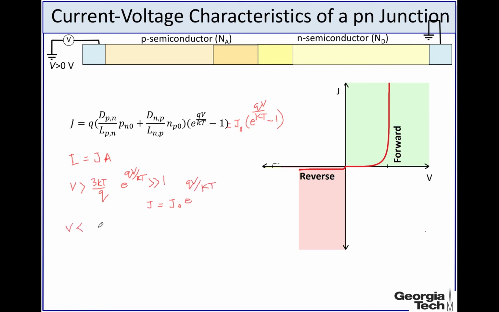On the other hand, if V is smaller than 3 kt over q, this e power qv over kt will be much smaller than 1. As a result, J will simply be equal to minus J naught. So here this value is minus J naught, and in the forward bias it will just be an exponential function.